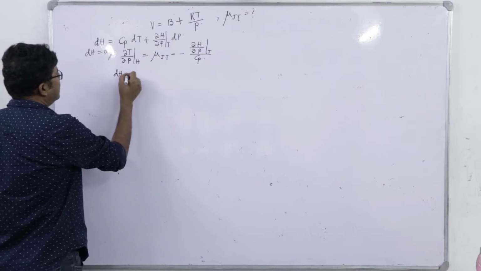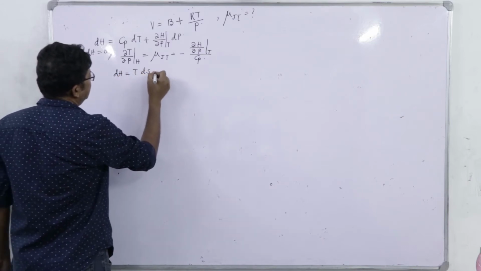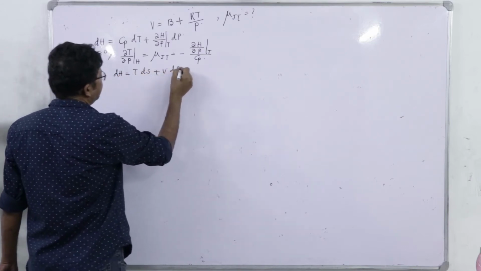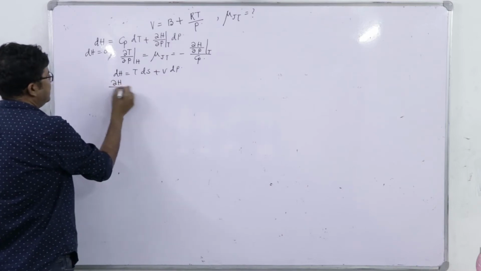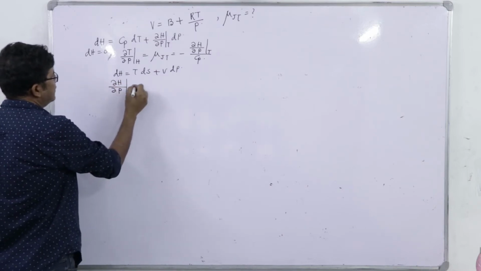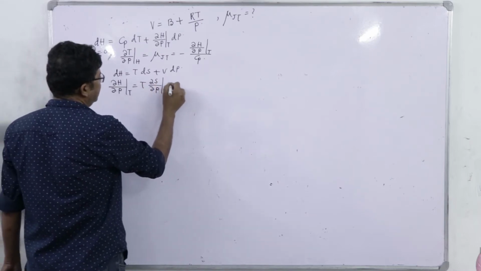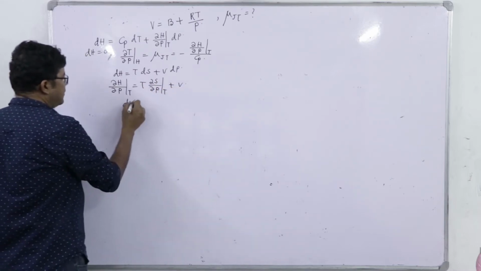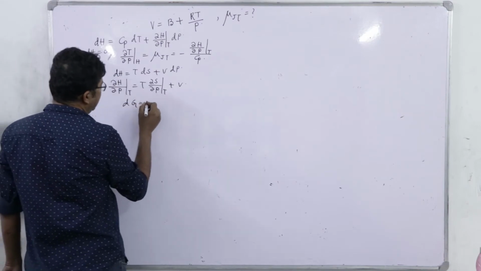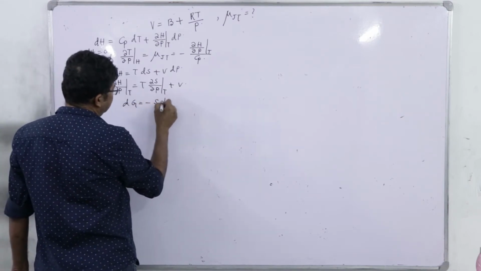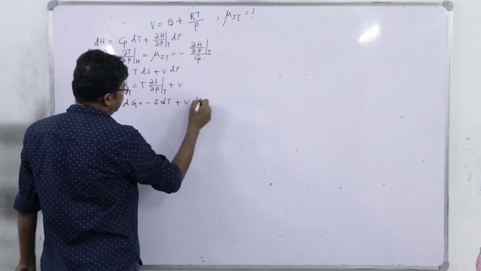Now, dH is equal to, as we have solved previously, TdS plus VdP. So, del H del P at constant T is equal to T del S del P at constant T plus V, and the Gibbs energy fundamental property relation gives you minus of SdT plus VdP.